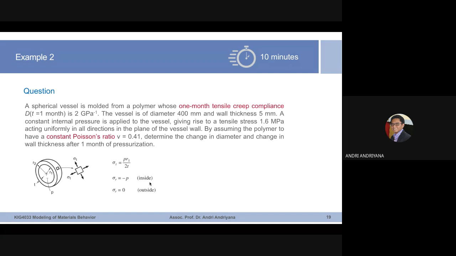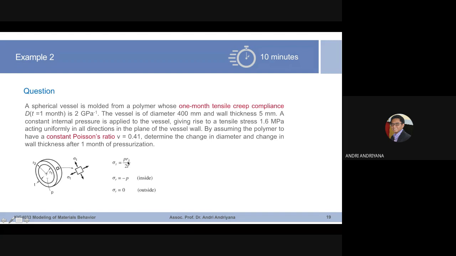Either way, it will lead to more or less similar results. Okay, noting that because of the symmetrical shape of this spherical vessel, if we take out one element of the wall, either the stress in these directions or these directions are all basically tangential directions, and it is given by PR over 2T.